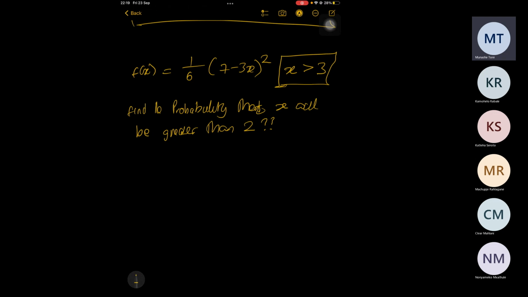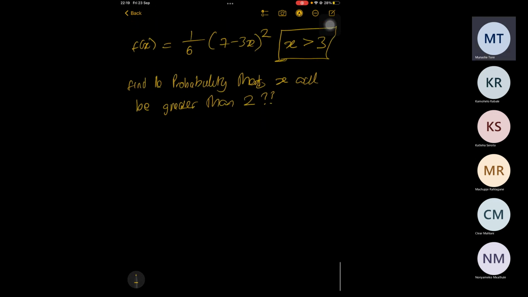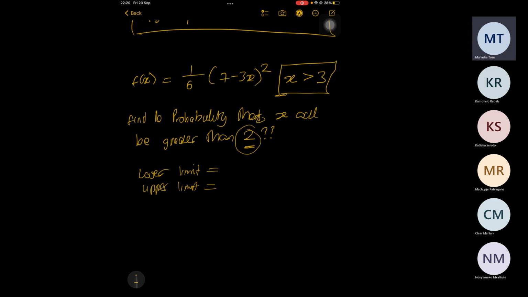So in this case, they are saying that the variable will be greater than 2. When you're integrating this, can someone tell me what the value of your lower limit is and what the value of your upper limit is?